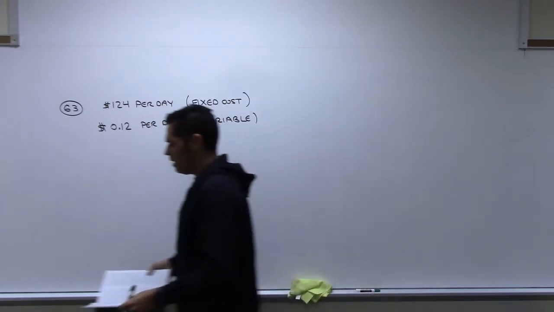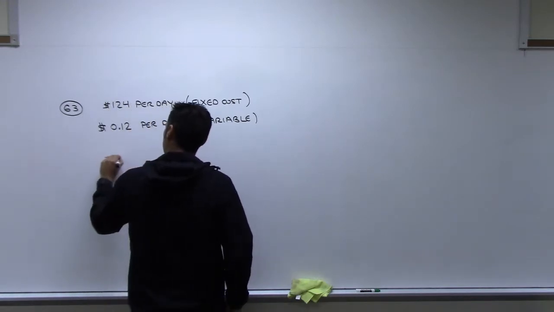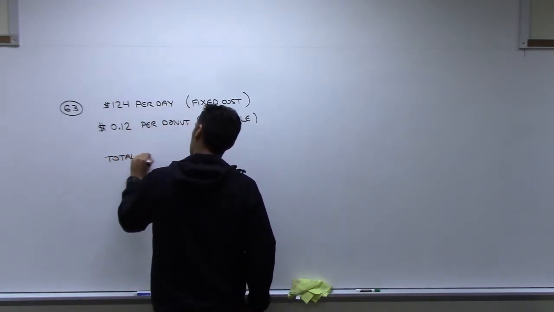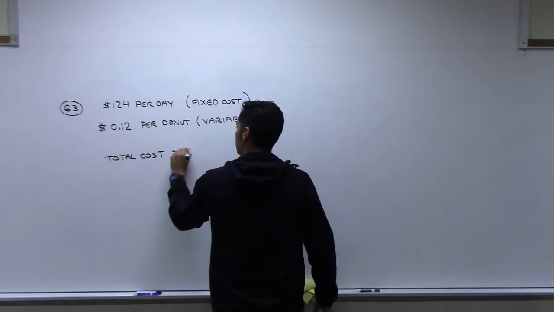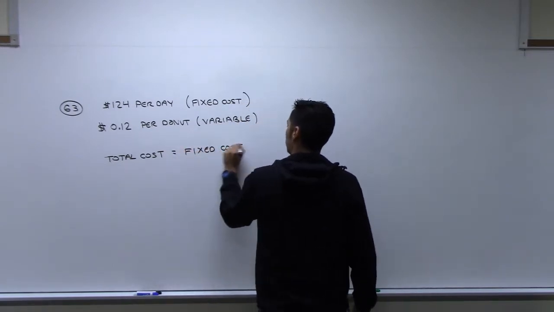So your total daily cost is going to be your fixed cost plus your variable cost.